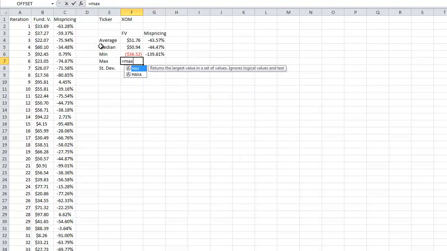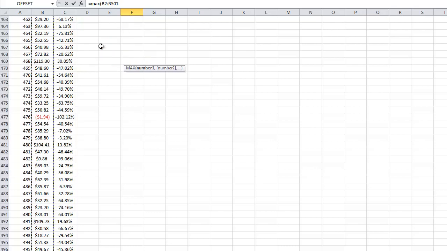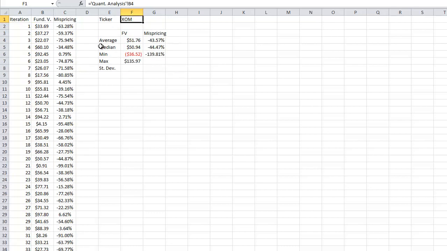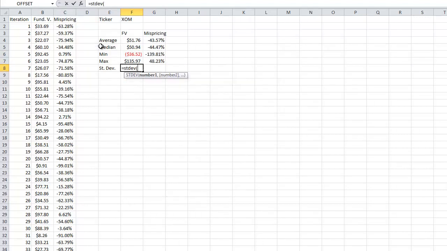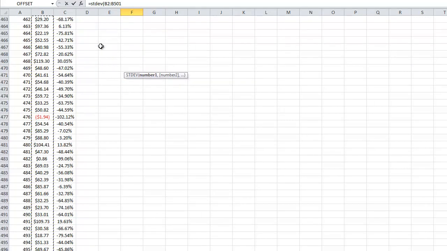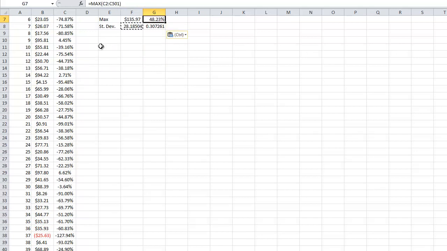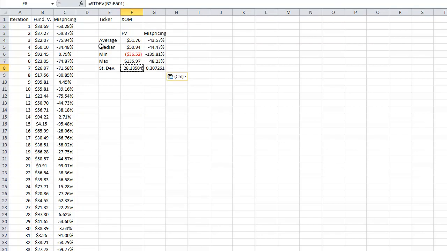Let's get the max. And let's figure out the standard deviation. And then, excuse me, I'm going to cut ahead. I'm just going to format this a little bit, but you don't need to watch me format.